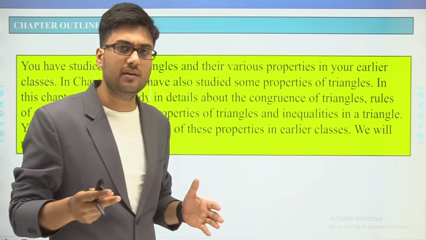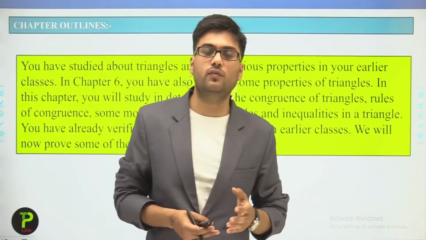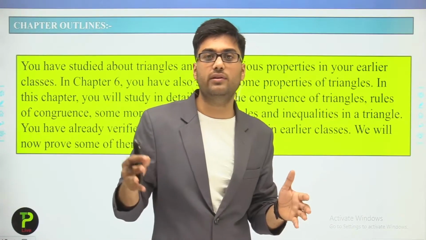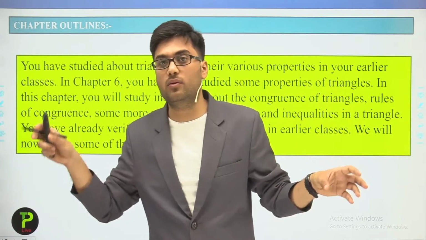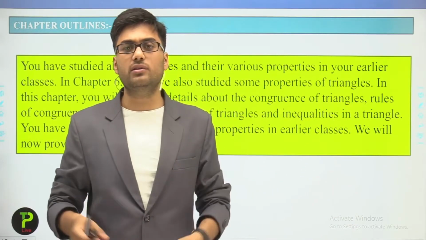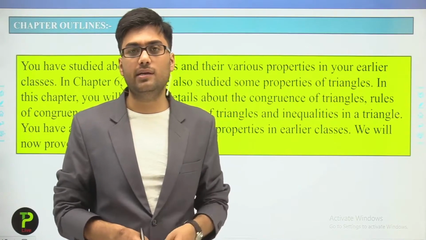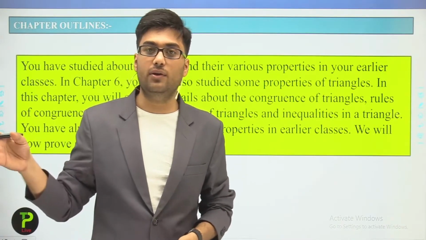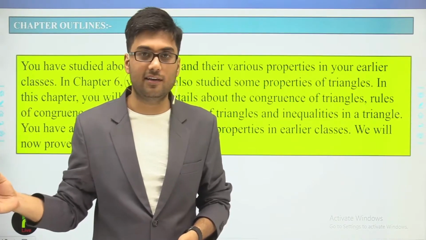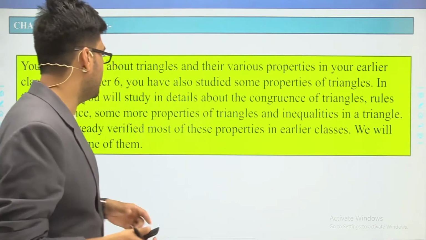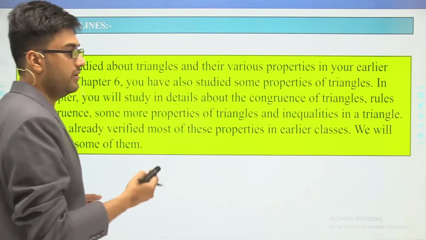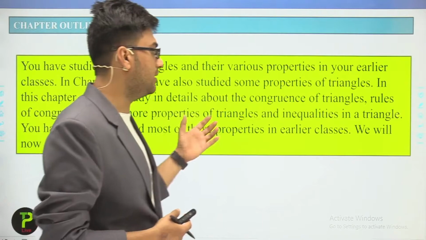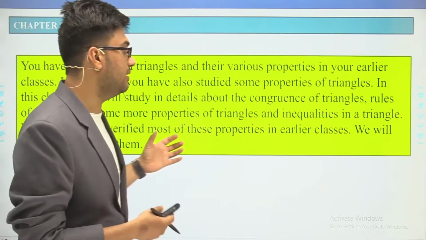You already learned the classification of triangles by sides and angles, and properties of equilateral, isosceles, scalene, acute, obtuse, and right triangles. In this chapter we will study the congruency of triangles, rules of congruency, some more properties of triangles, and inequalities in a triangle.